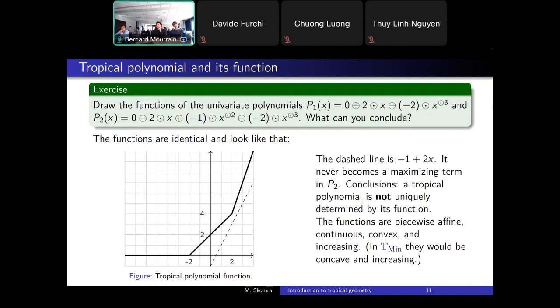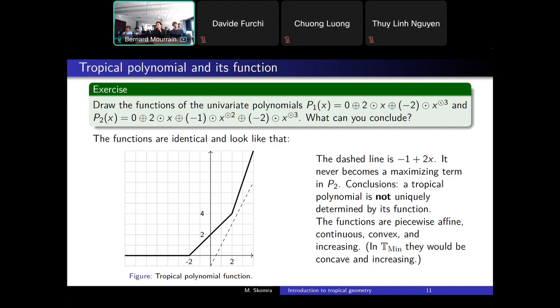If x is sufficiently small, then the maximum is 0. In between this interval, the maximum is 2 plus x. And on this interval, the maximum is minus 2 plus 3x. On each open interval, the function is differentiable.